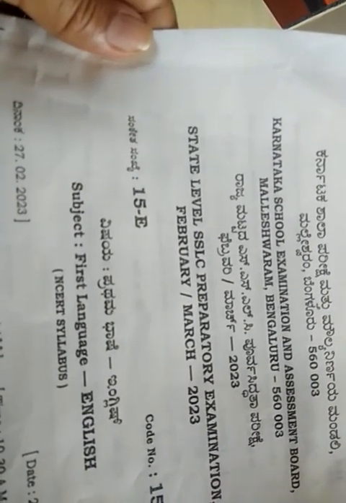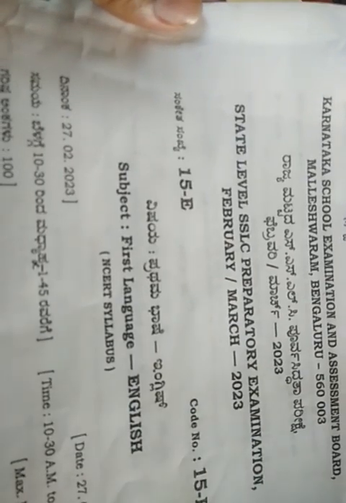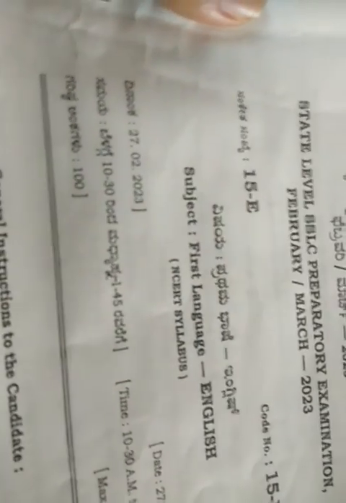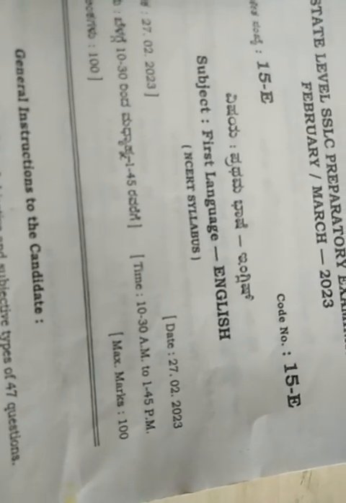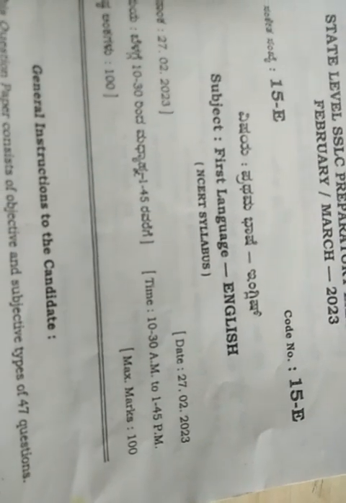The code number is 15E, based on the NCERT syllabus. You are going to write for 100 marks. The time is 10:30 to 1:45, almost 3 hours 15 minutes.